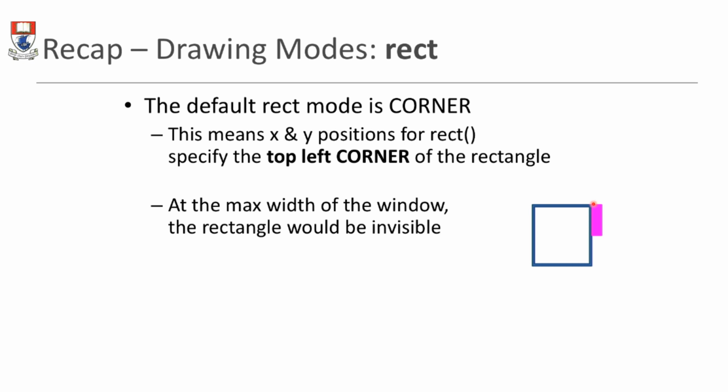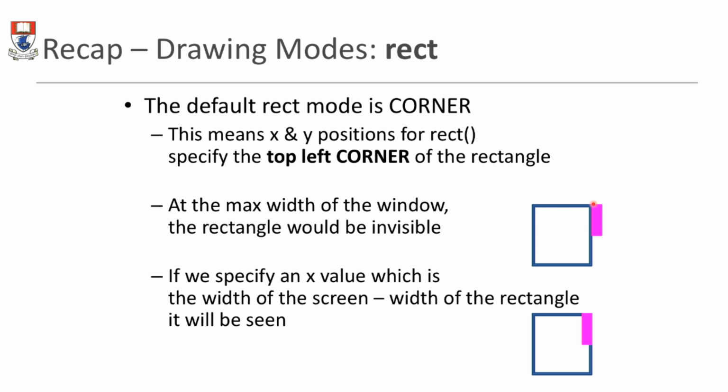And this is different to the drawing mode for ellipse. The drawing mode for ellipse was center, you might recall, and the drawing mode for rectangle is corner. So if we specify an X value, which is the width of the screen minus the width of the rectangle, we could see the rectangle, or paddle in our case, being in its rightmost position on the screen, which is what we've indicated just here.